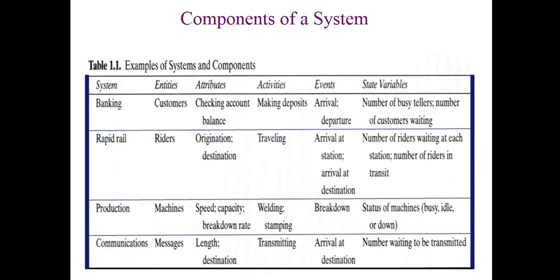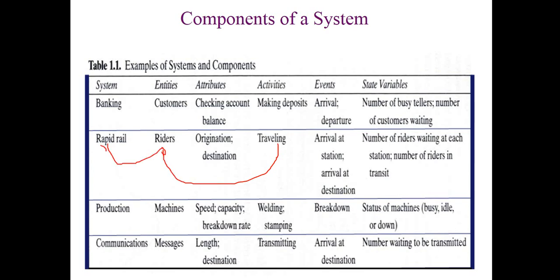And attribute, we said that attributes are the information of the entities. So the information should be the origination of the rider or the destination of the rider, or it can be the ticket number of the rider or seat number. Activity, for what purpose the entity came to the system.